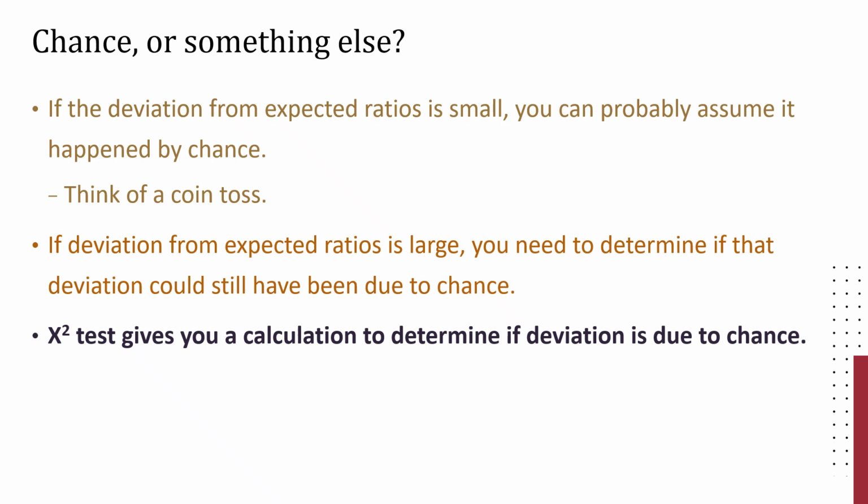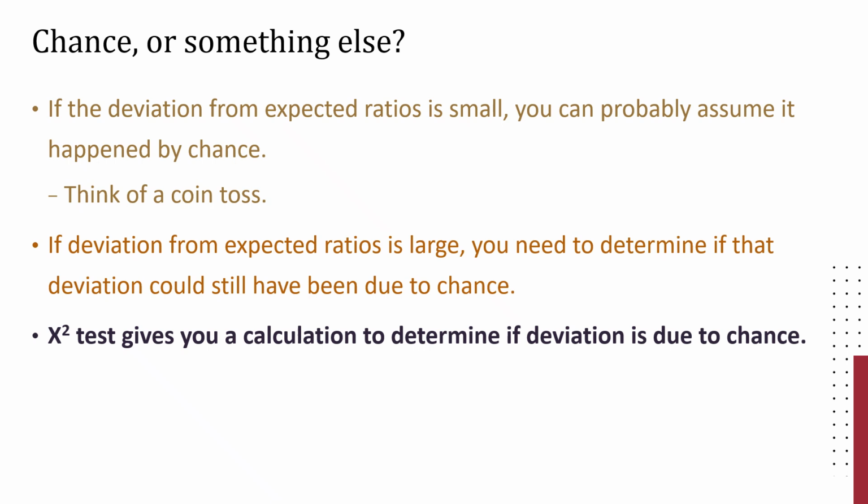So if our deviation from what we expect is relatively small, you can probably assume that it's just a chance event. We flipped it 100 times and we didn't get exactly 50-50. But if your deviation from the expected ratio is really large, then you might start to think that something is going wrong. If we think of this coin flipping, maybe our coin is not weighted correctly and something's causing the heads to constantly land on top.